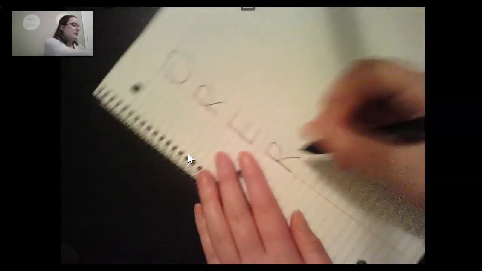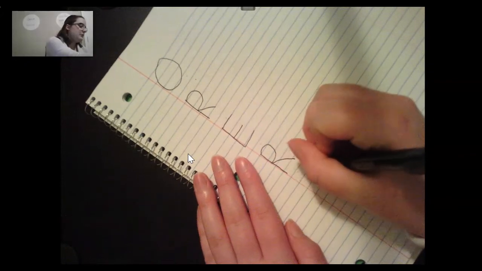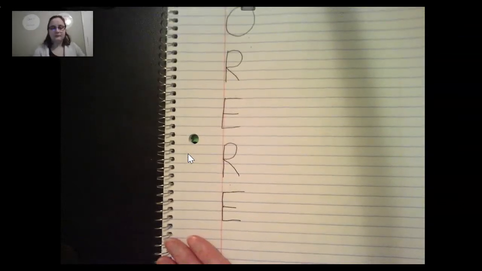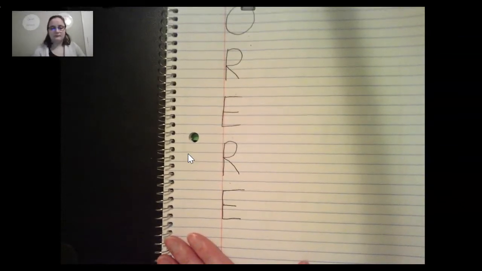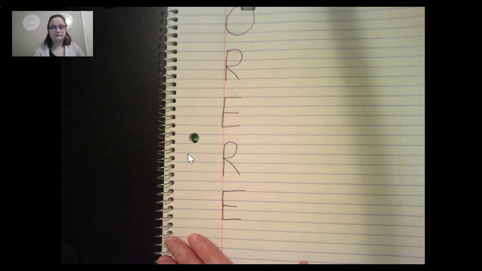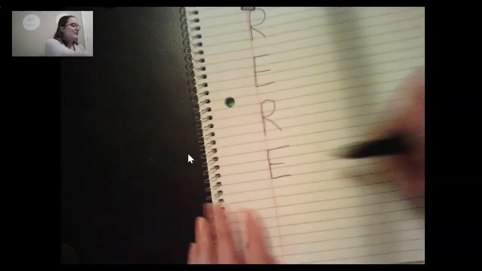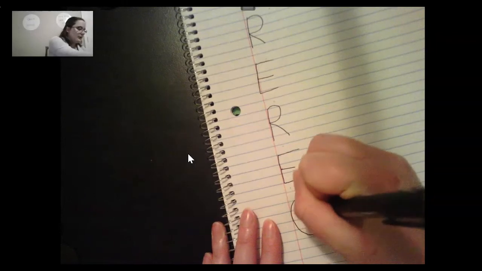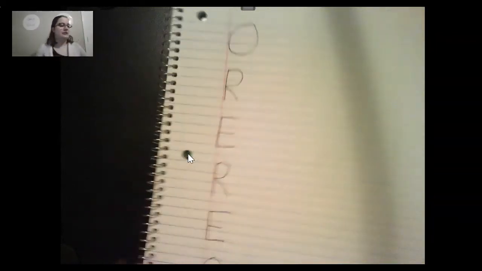Okay, then we're going to count 1, 2 again, make our second E for our second example. Okay, very good. Then 1, 2 again, and make our final O for where we restate our opinion.